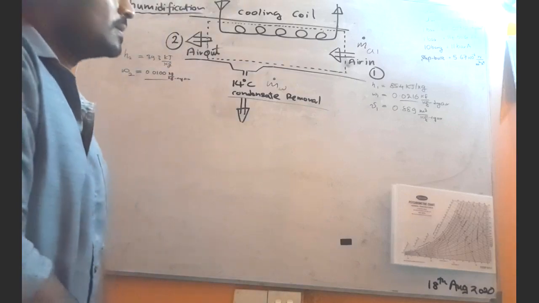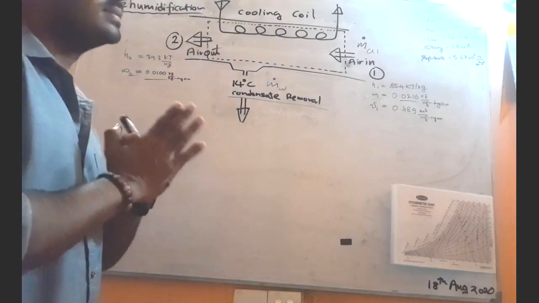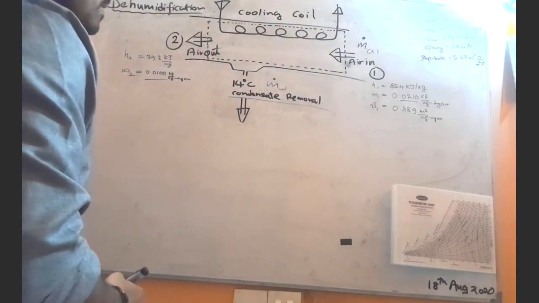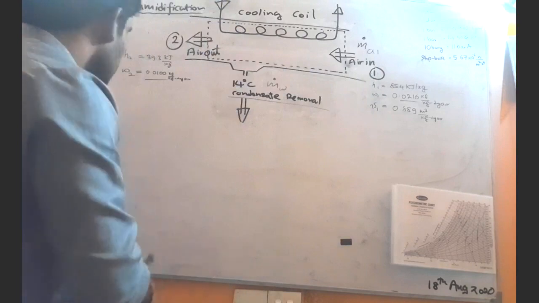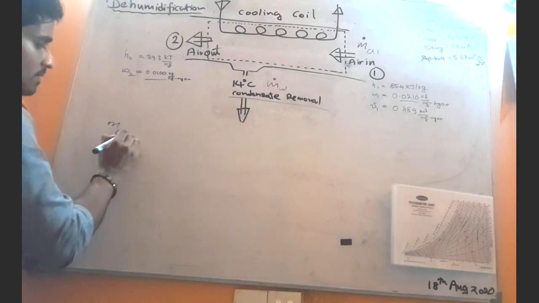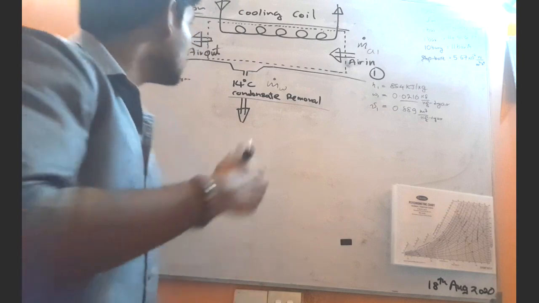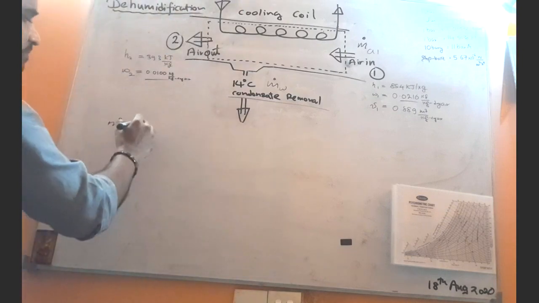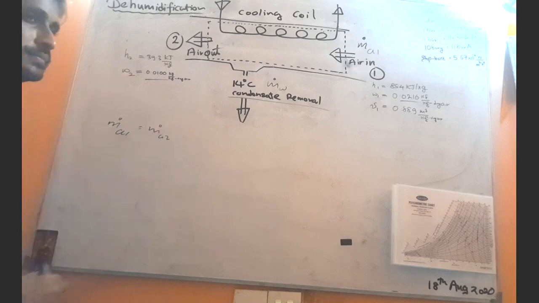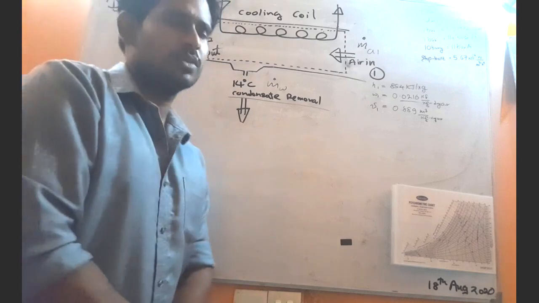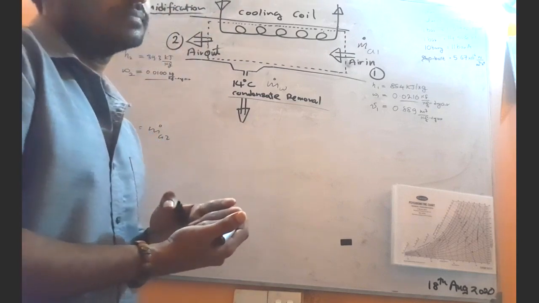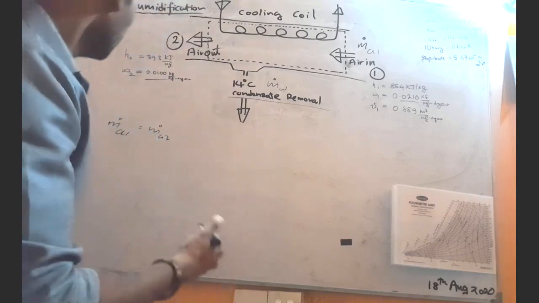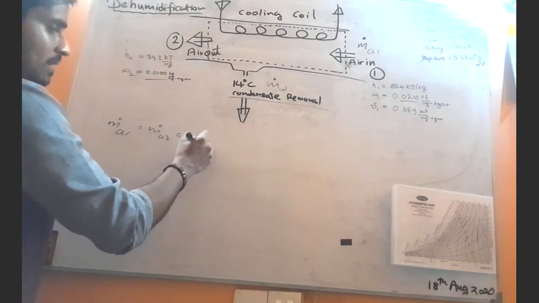Now we know that the mass flow rate of dry air is the same here as well as here. The dry air mass flow rate at the entrance is ma1 dot, and the dry air mass flow rate at the exit is ma2 dot. In this problem we consider the mass of dry air as a content that is the same, so let's call it ma dot.